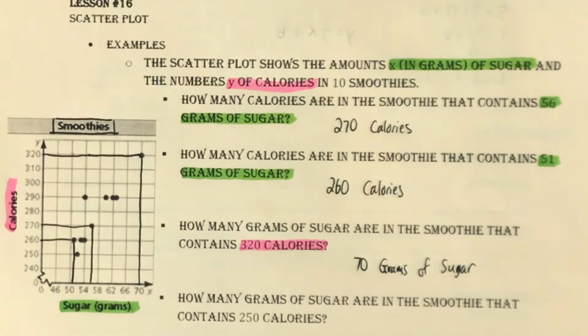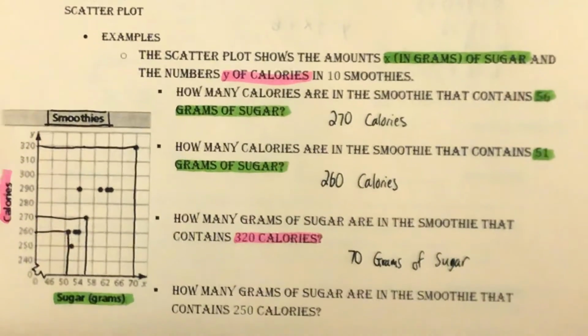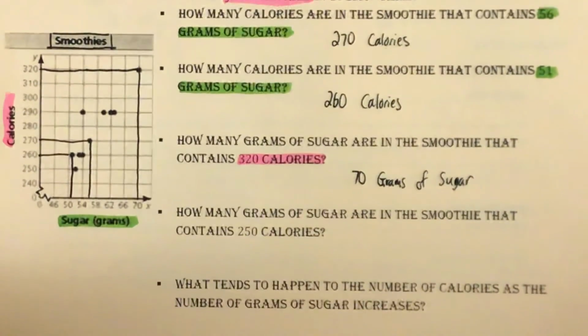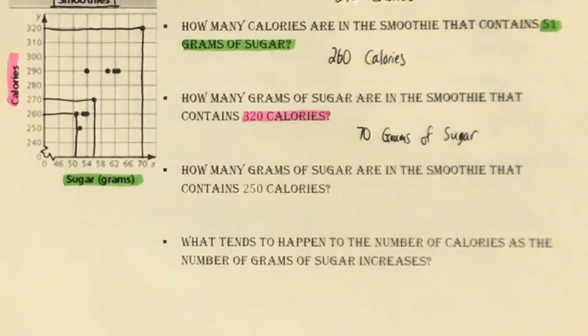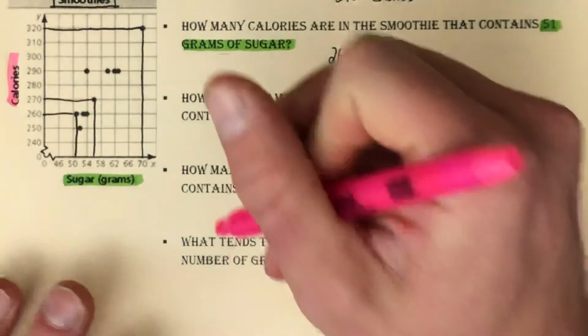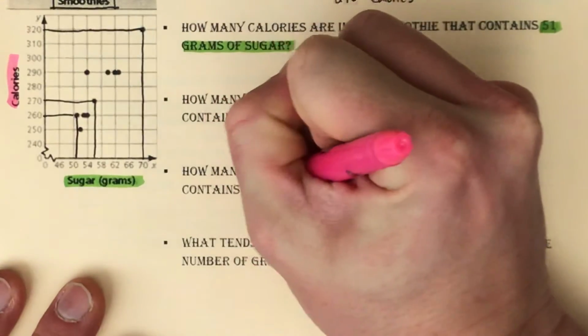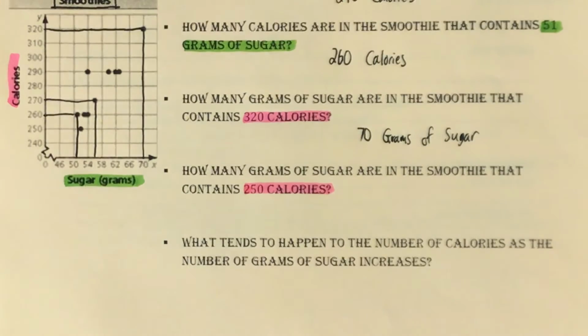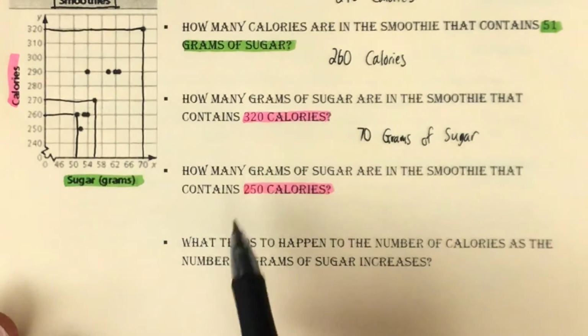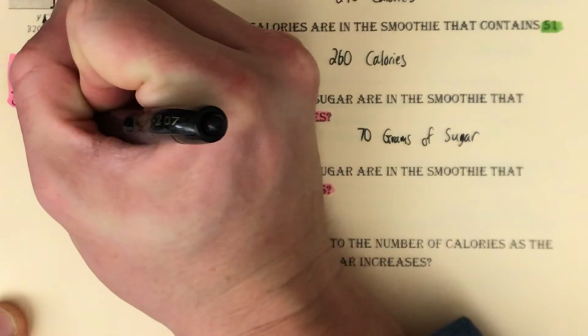So the fourth one says, how many grams of sugar are in the smoothie that contains 250 calories? And I'm going to move this up just a little bit here. There we go. So again, how many grams of sugar in the smoothie that contains 250 calories? So again, calories is dealing with the y-axis. So I'm going to come over here to my y-axis and I'm going to go to 250, just a little ways up.